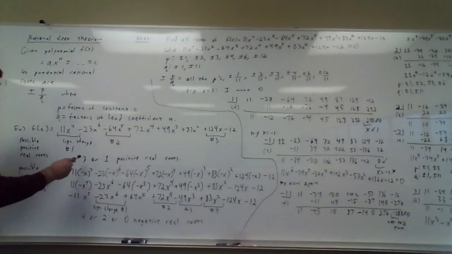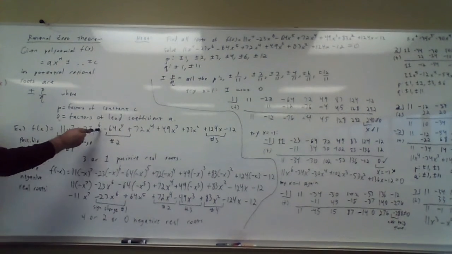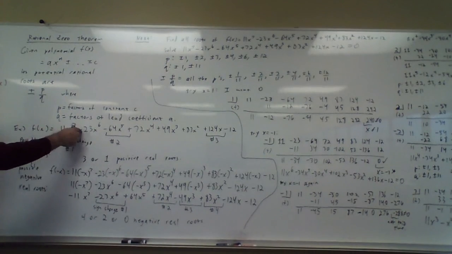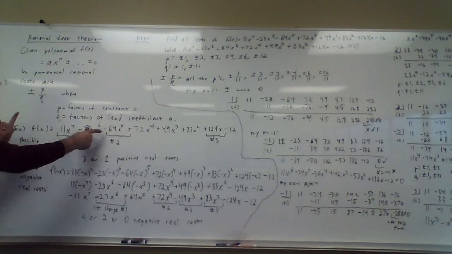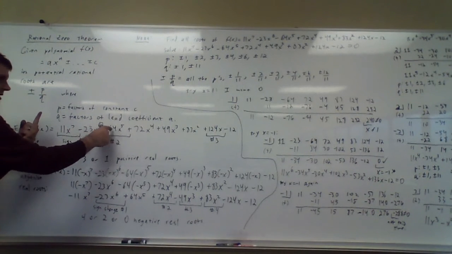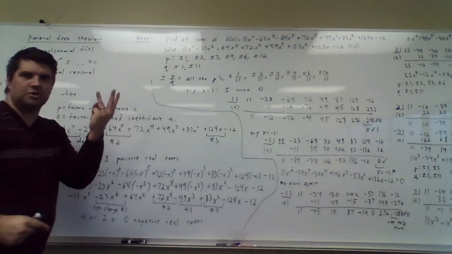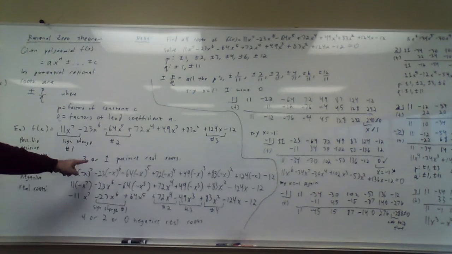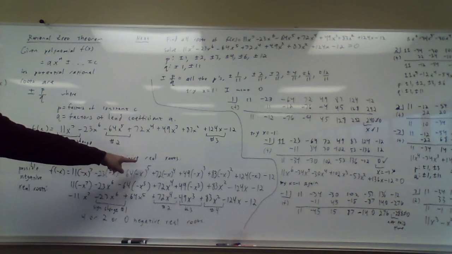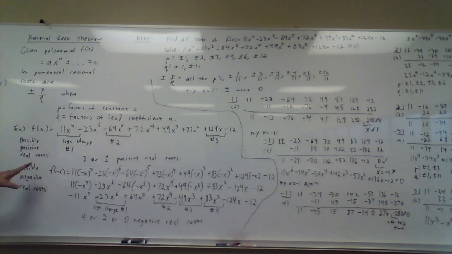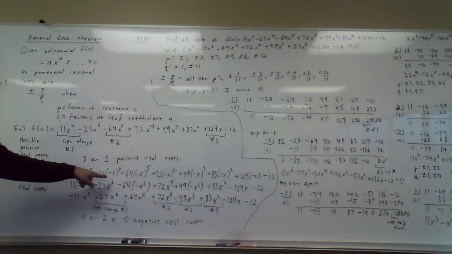When we did Descartes' rule of signs, we counted the number of sign changes. So positive to negative, that was 1. Then negative to positive, that was 2. Then positive to negative, that was 3. And we determined that we should have 3 or 1 positive real roots. When we did negative real roots, that meant you had to plug in negative x.